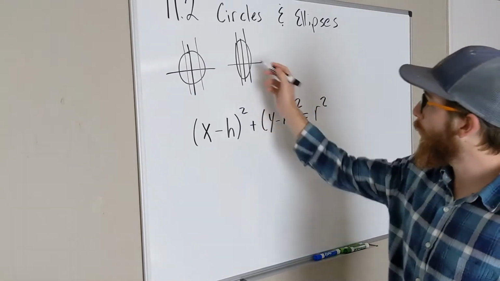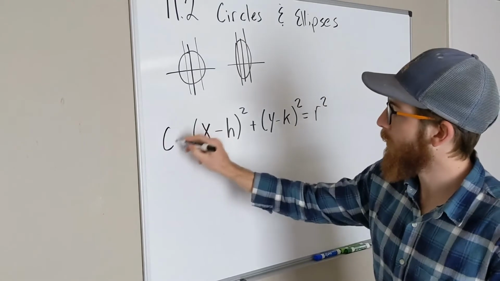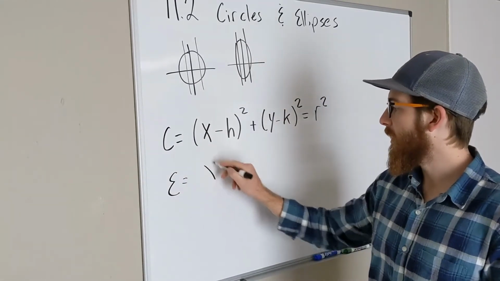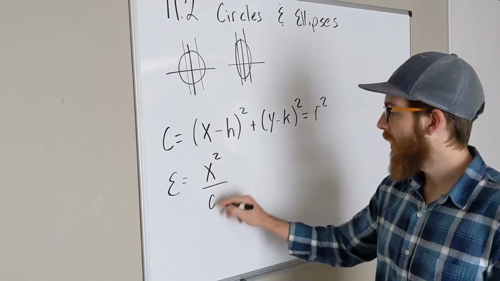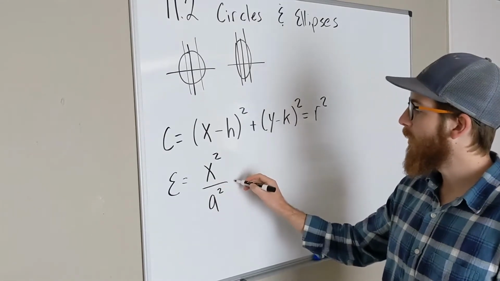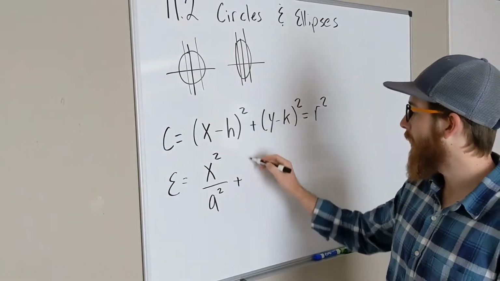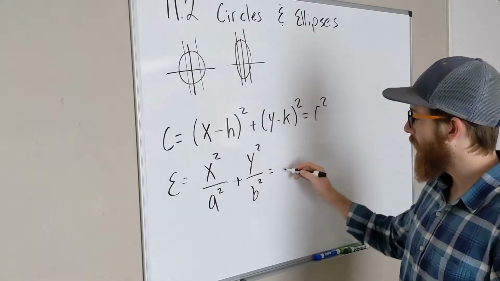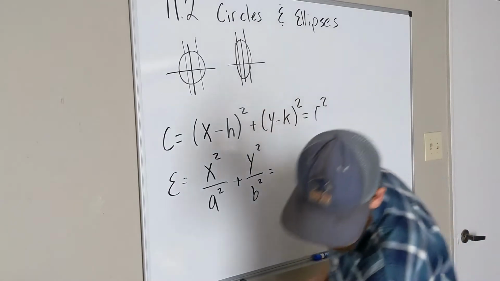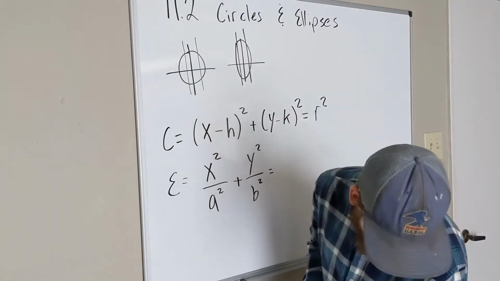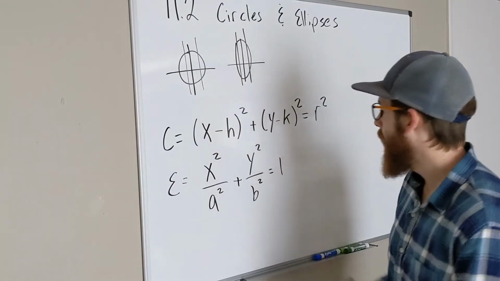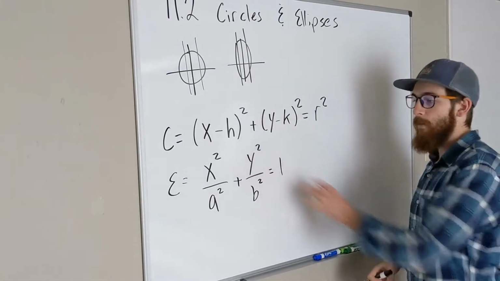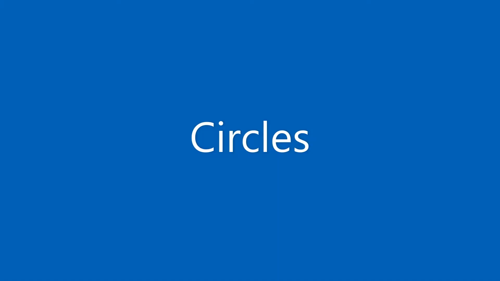And then for an ellipse, it looks like this. And there's actually two, and we'll talk about in a second what the difference is. And I forgot what that last piece is. Just one. Okay, and so we're going to go over circles first, and then we'll talk about ellipses.